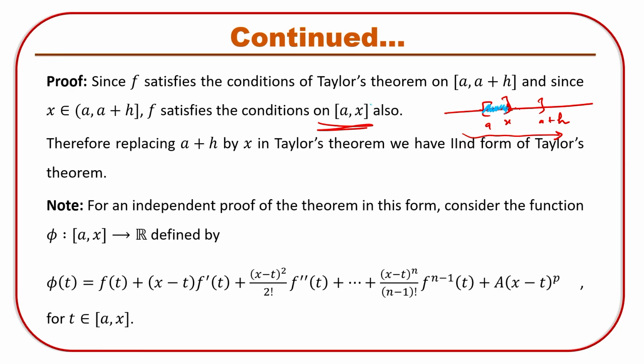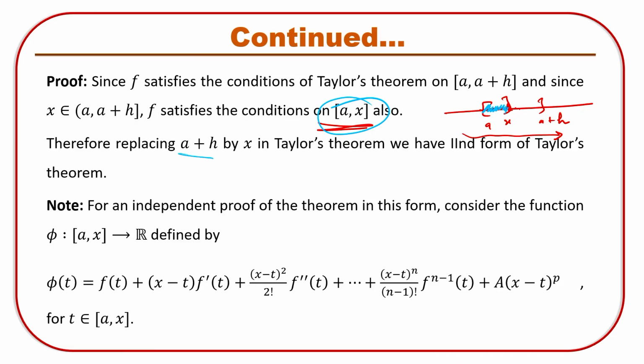So, in the closed interval a to x, f satisfies the whole condition, that means the n minus 1th derivative is continuous on the closed interval a to x, and the n minus 1th derivative of the function is differentiable in the open interval a to x, and so on.